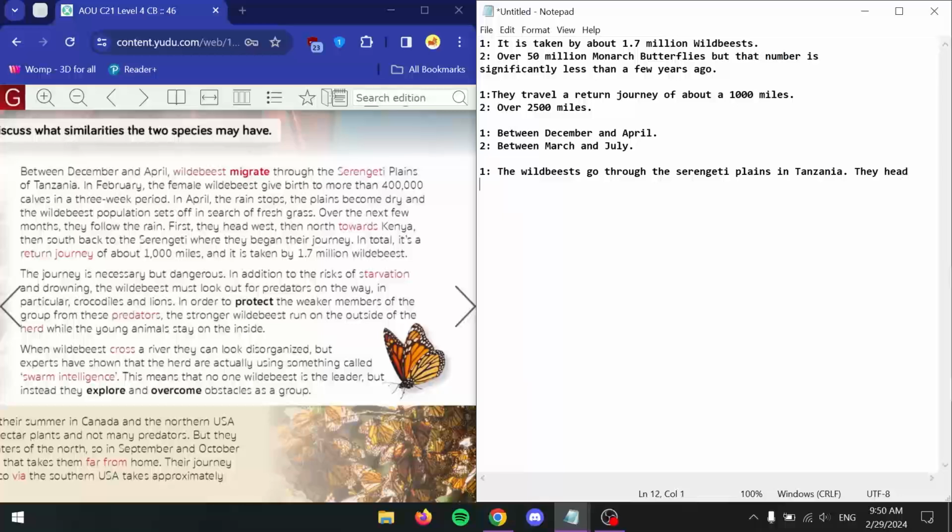They head west, then north towards Kenya, and then south back to the Serengeti. Okay, that's the first part.